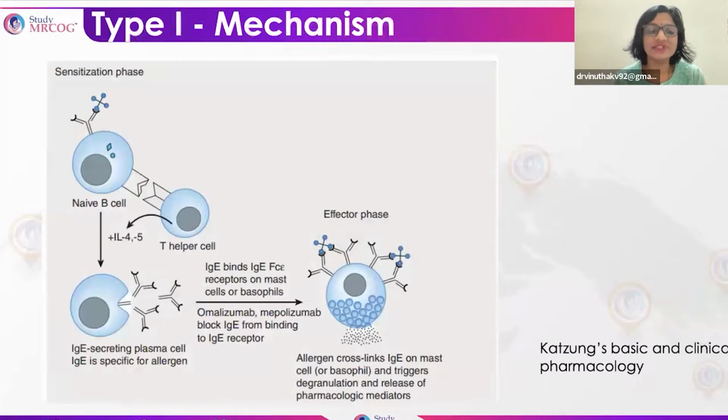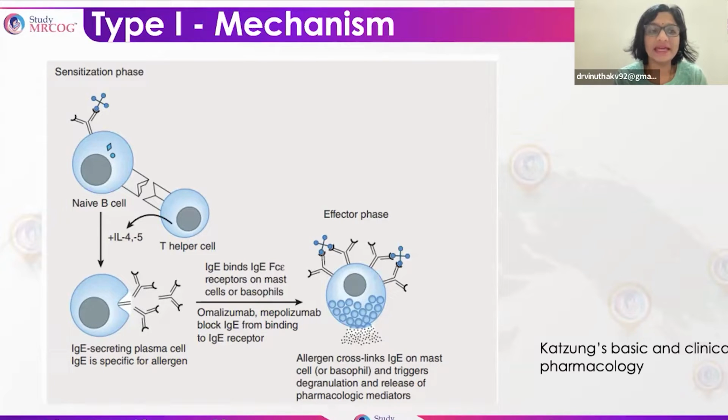As I discussed, it is an IgE mediated reaction. In the sensitization phase, the antigen comes and stimulates B cells to produce IgE. This IgE binds to IgE Fc receptors on the mast cells or the basophil cells.